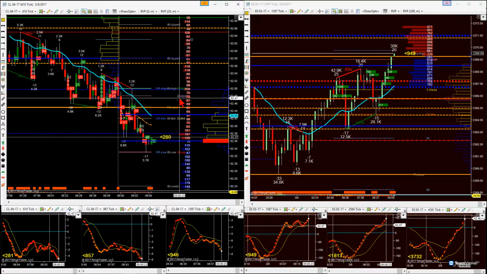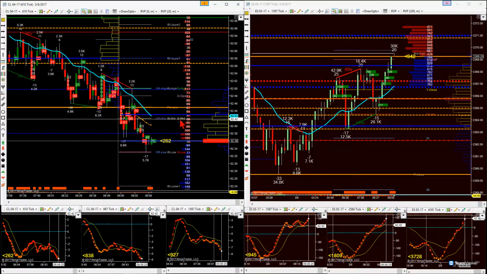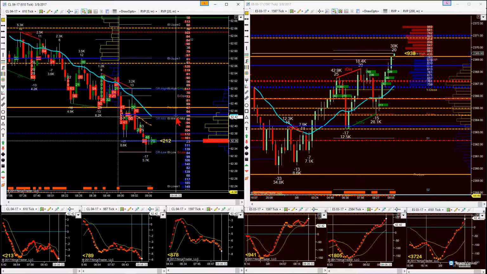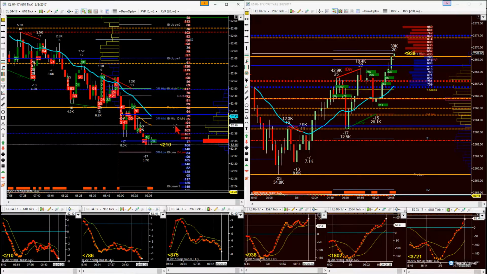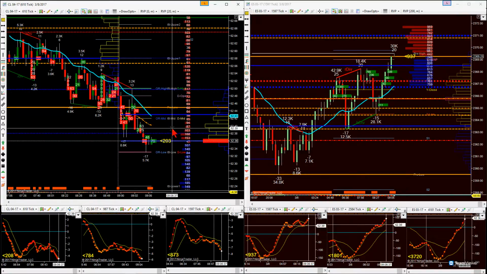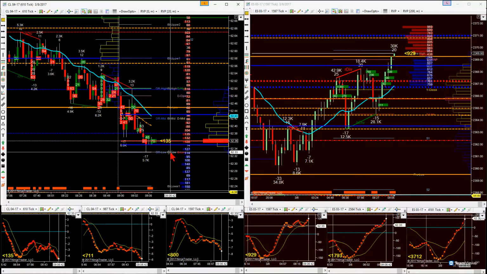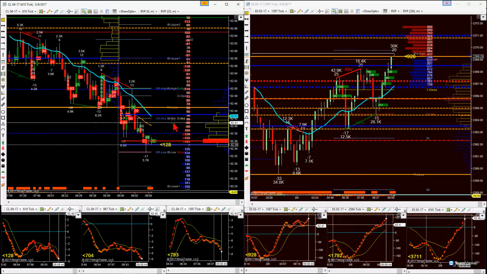You know, right now with the way things are looking, I think we'd be willing to start getting into a position if we get a move back up here. Can't get into a position at VWAP, at least I don't want to get into a position at VWAP. Low of day is currently 33. VWAP is 40.